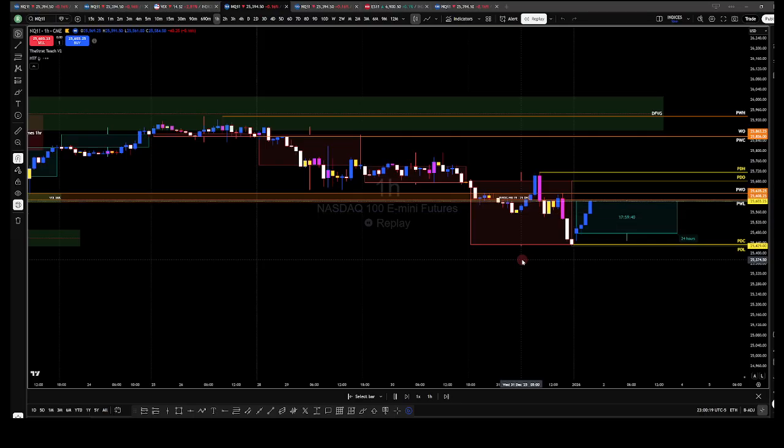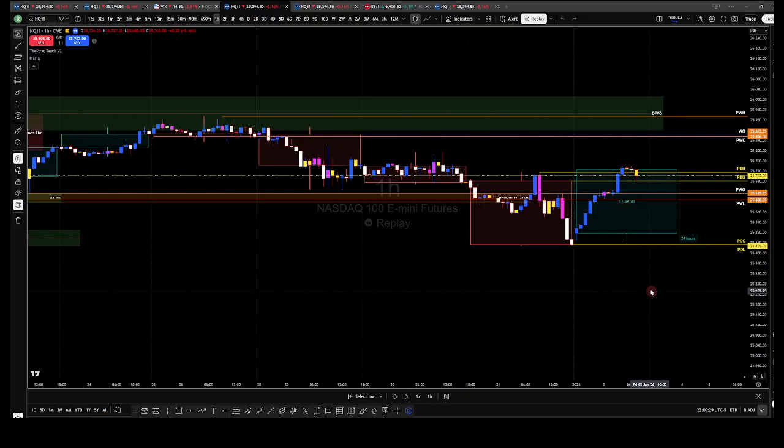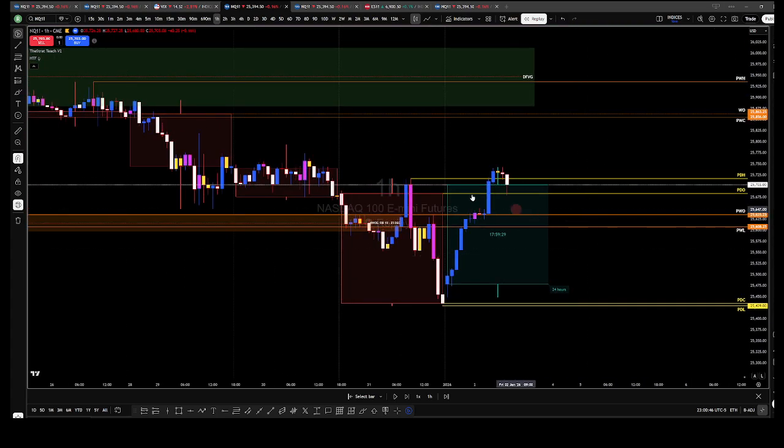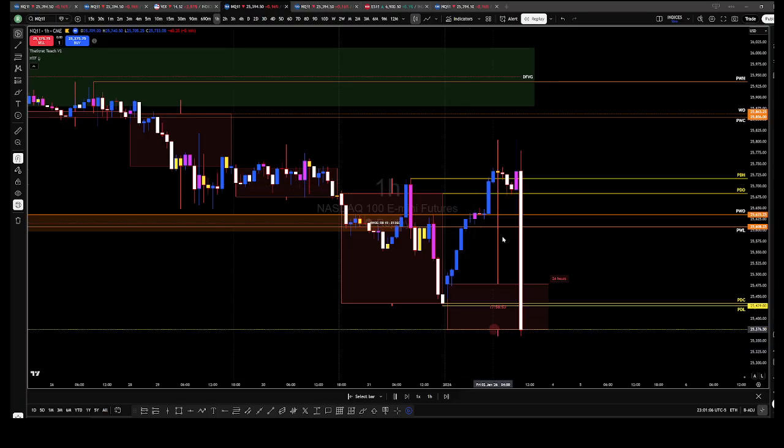This is another day, another session. You see how at some point this candle was super green, but if you study the ICT concepts, you're gonna understand that once you start showing signals of reversal, that means that it's gonna look for the other side of the liquidity. 9:30 open.